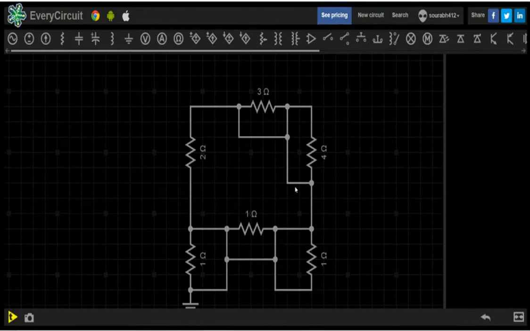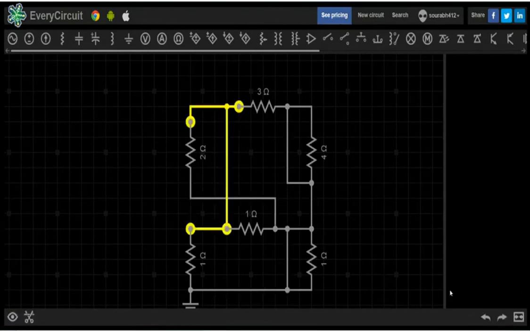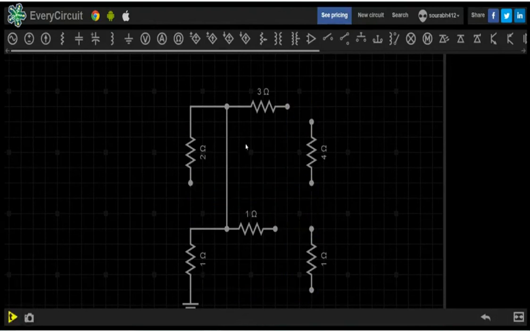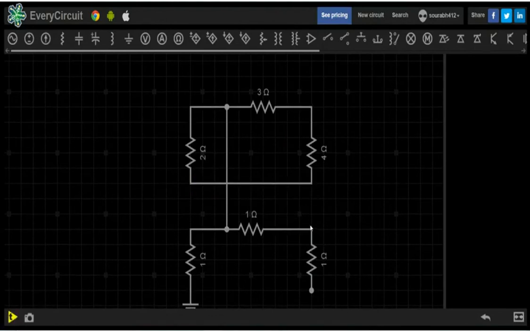So I will just undo. And the earlier short of V2 I will remove first, otherwise the complete circuit gets shorted. And this is connected to node 3. So this is the parallel connection.